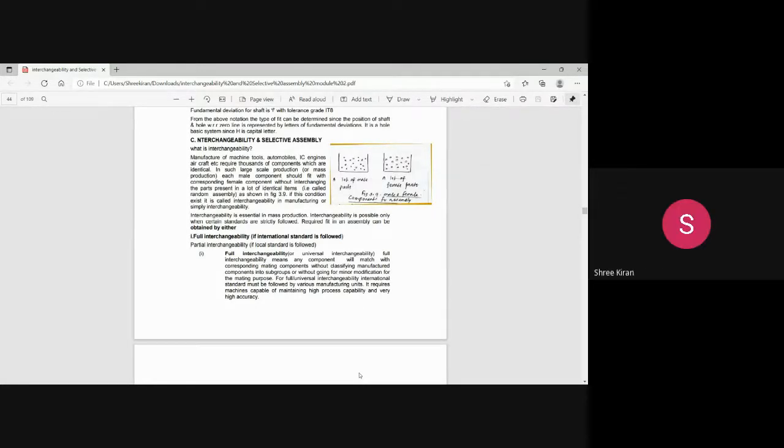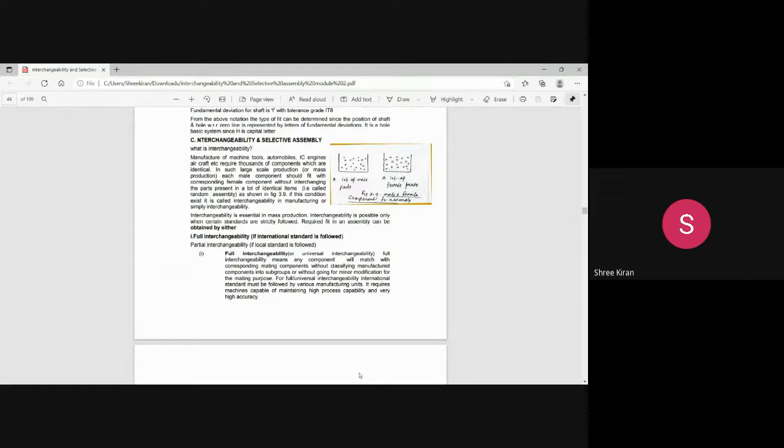Shahzad, can you tell me the example which we are discussing these many days for the case of system of limits and fits, allowance and tolerance, two components? It was shaft and hole. Okay, it was shaft and hole, right? It was mainly the shaft and hole. Okay, sir. Thank you.